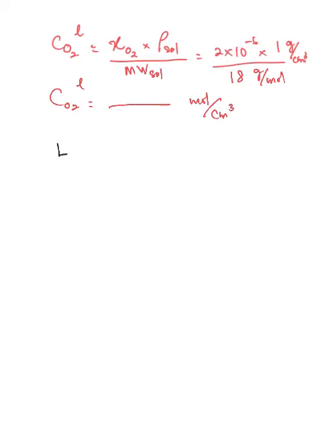So you will get L equal to CA0 minus CA, again CA equal to 0 because complete removal, multiply with velocity, and then ni bila you rearrange, solve the integration, you will get this equation.